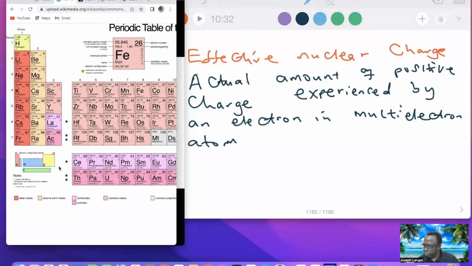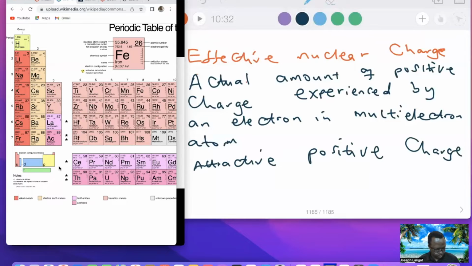This is the attractive positive charge from the nuclear protons.